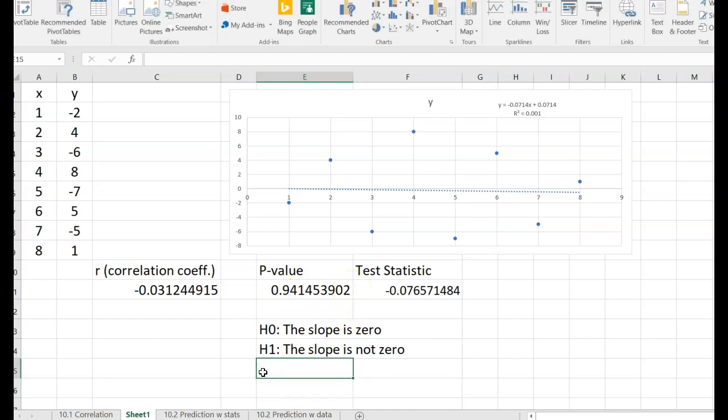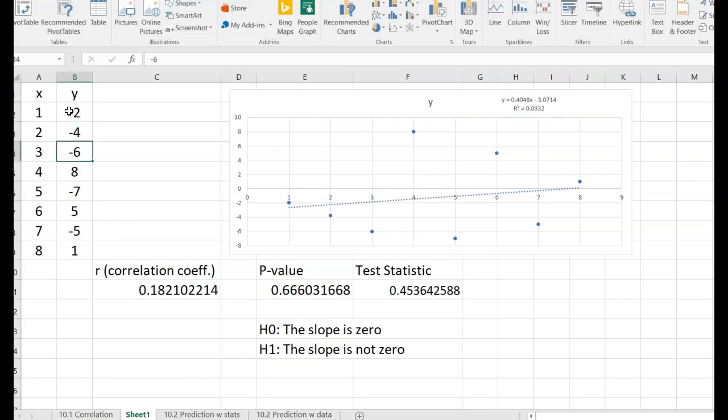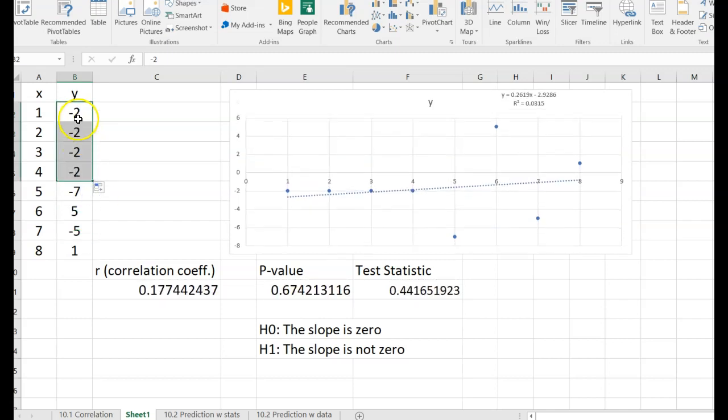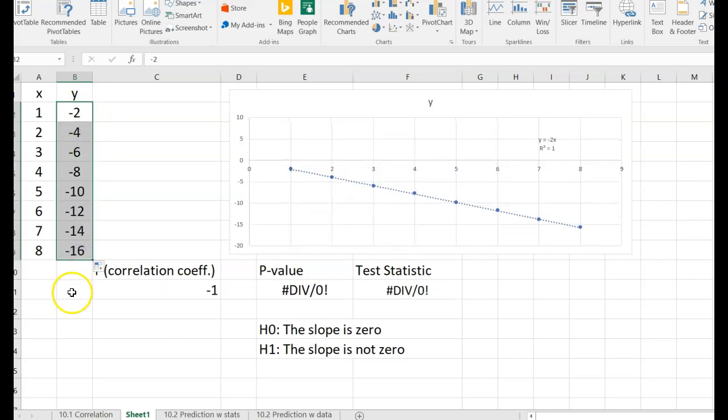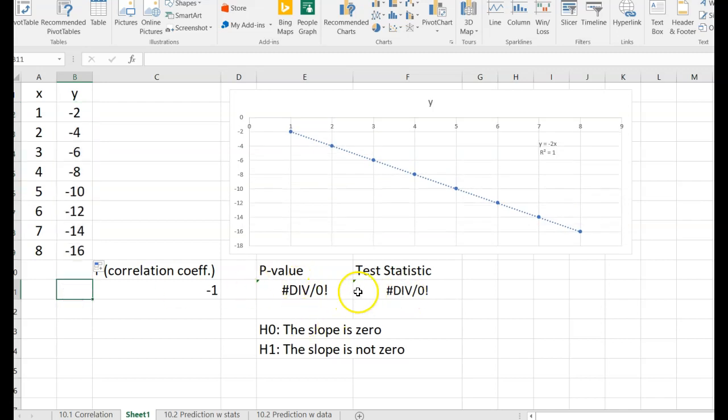Okay, but again, when our r squared was really strong, and I'm going to change this a little bit. I don't want it to be, I want it to actually show up here, so I'm going to make some of these really close.